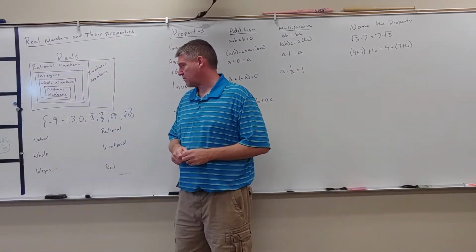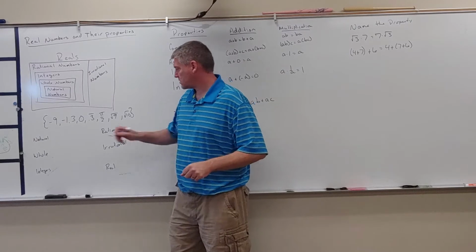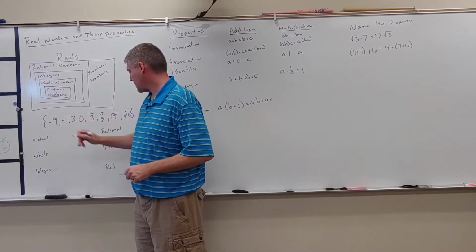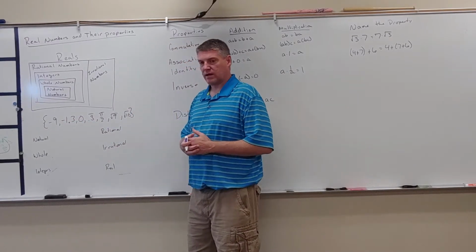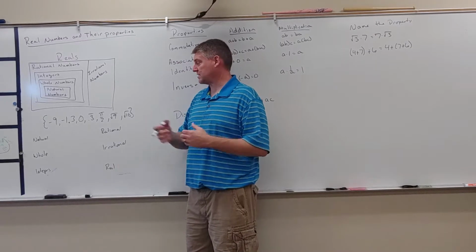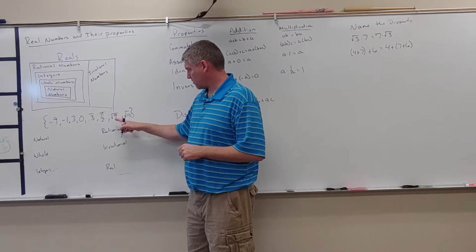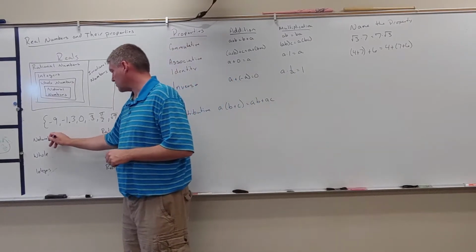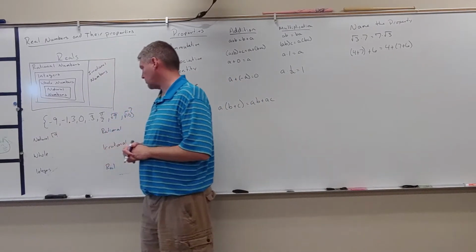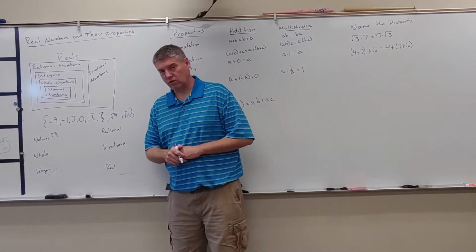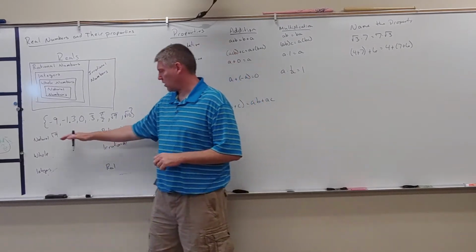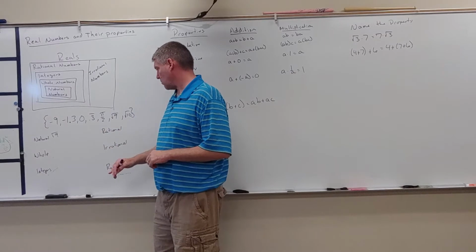So I'm going to start with the natural numbers. Well, the natural numbers are numbers that don't have a decimal and are positive, okay? So I come here and I notice that I know the square root of 9 is 3, so the square root of 9 is a natural number. So a whole number now is all the natural numbers plus 0.